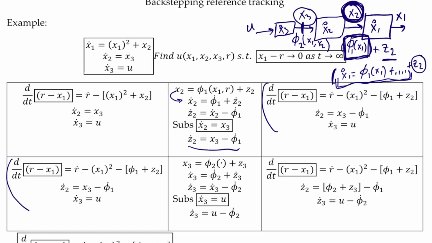We will construct the phi2 signal for x3, and if we had higher dimension dynamics, we will iteratively employ this idea. Okay, so let's take this term.